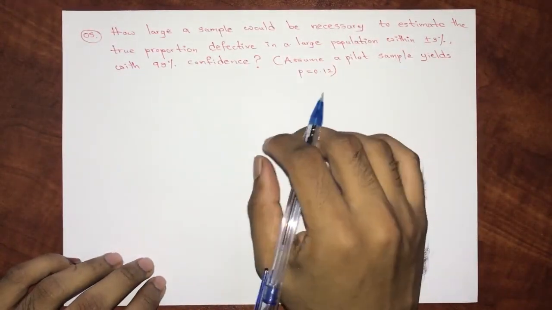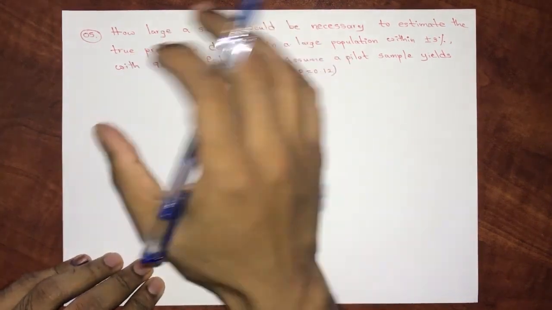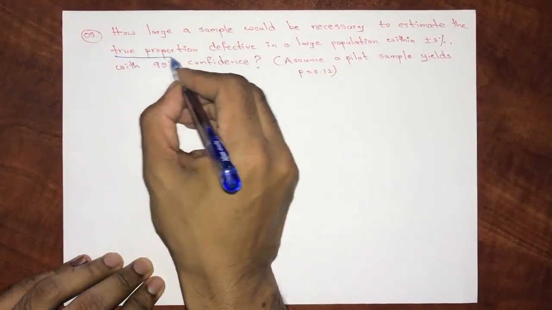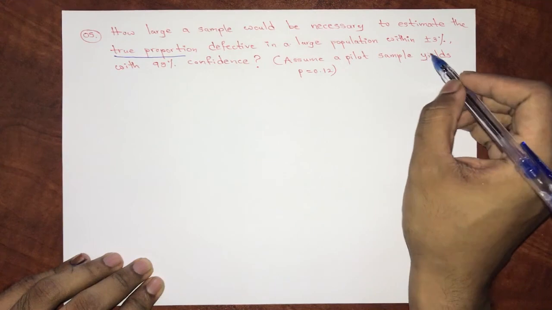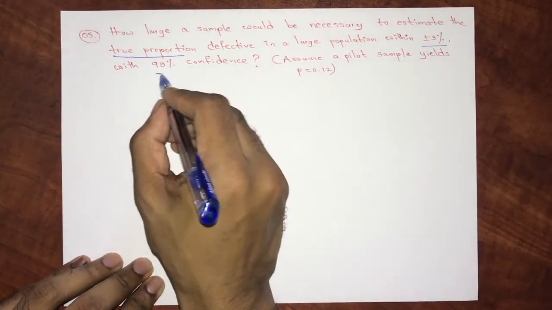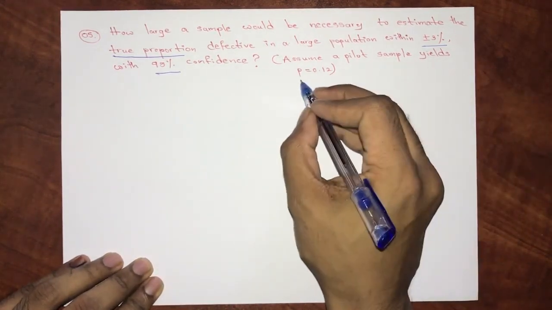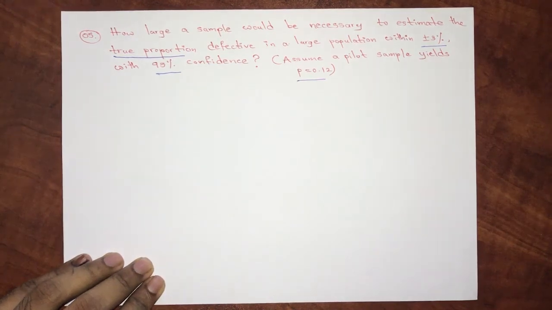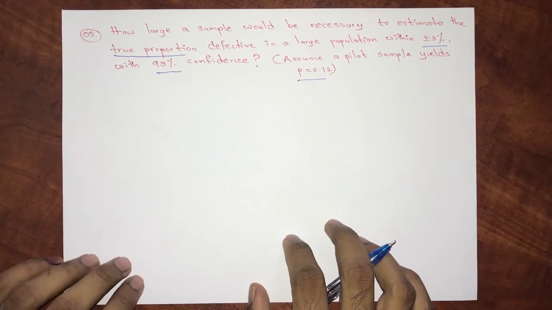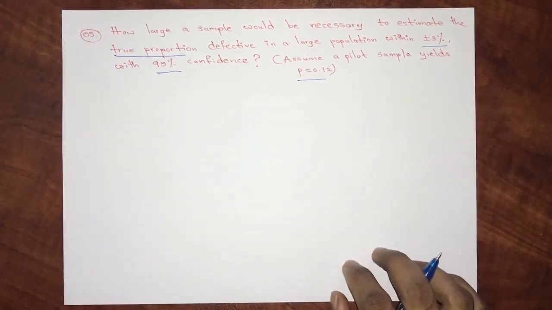So in this particular question, you're asked how large a sample would be necessary. So you ask for the sample size to estimate the true proportion defective in a large population, given the error term plus or minus 3% with 95% confidence, and a pilot sample yielding 0.12.